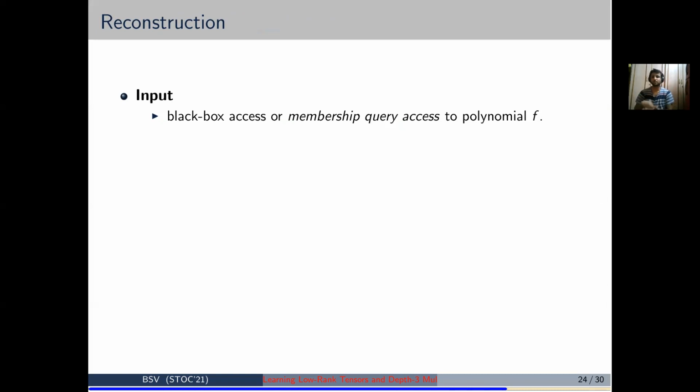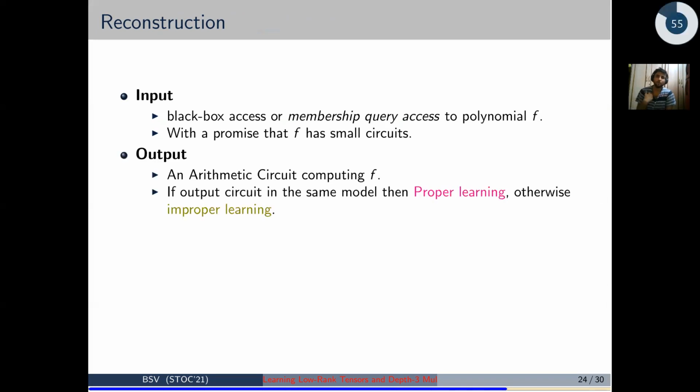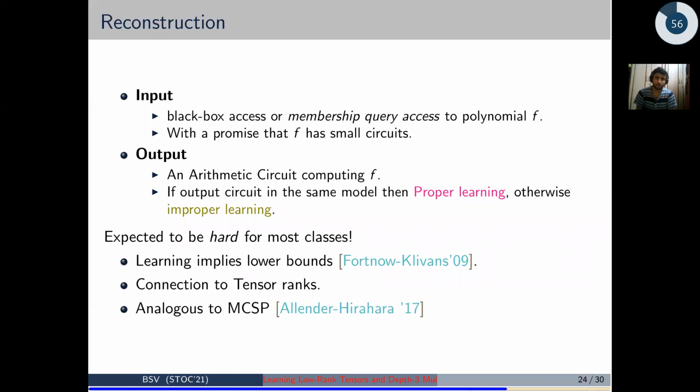In reconstruction, you are given black box access or membership query access to a polynomial f, and you are promised that the polynomial has a small circuit, or that it's a small circuit that belongs to a particular class, and you have to output a circuit computing f. Now, if your output belongs to the same class, that's called proper learning. Otherwise, it's called improper learning.